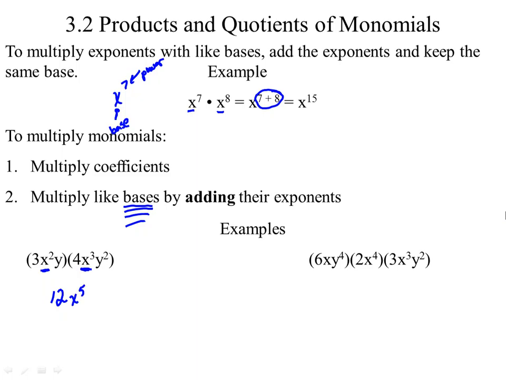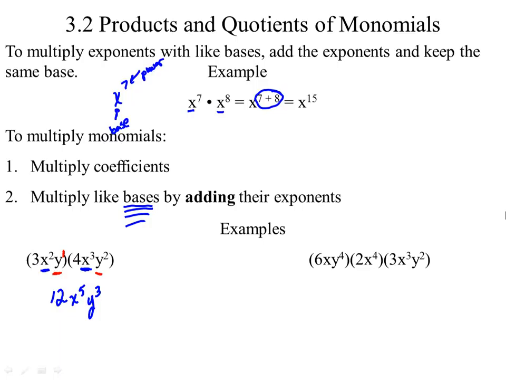Add those exponents. And then I have a y to the 1st times y to the 2nd. Add them together and you're going to get y to the 3rd. Okay? Multiply your coefficients. And then multiply your like bases.